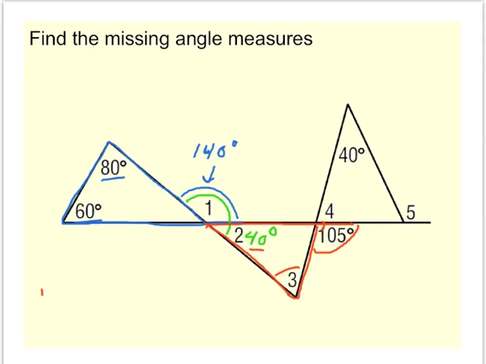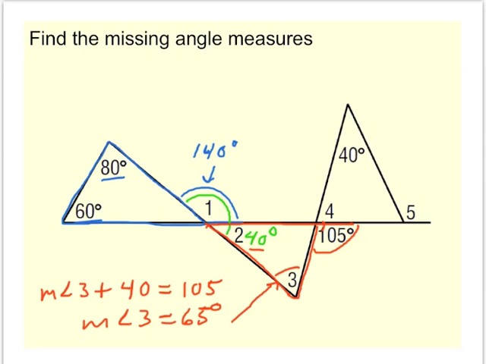So that means the sum of the two remote interior angles is equal to the exterior. And so we can solve: the measure of angle 3 is whatever 105 minus 40 is. So angle 3 is 65 degrees.